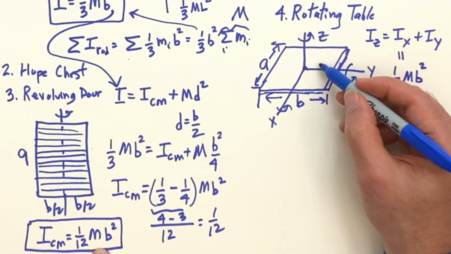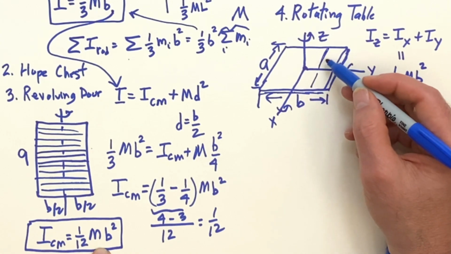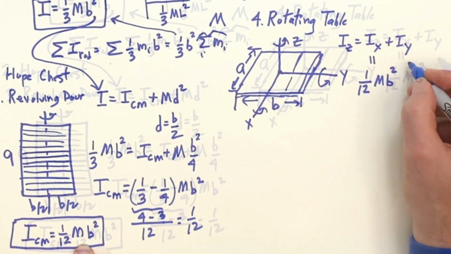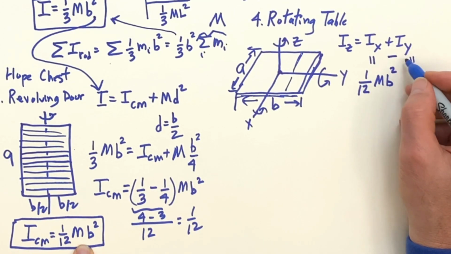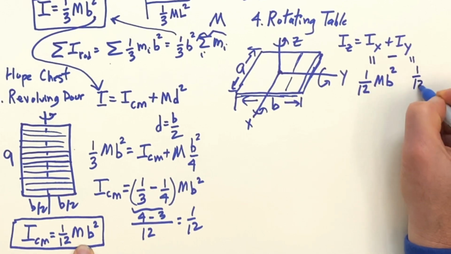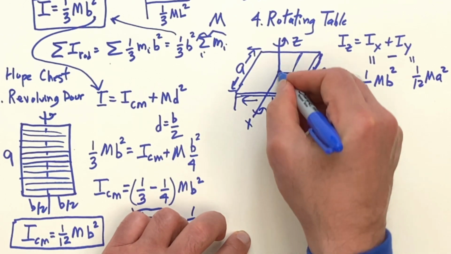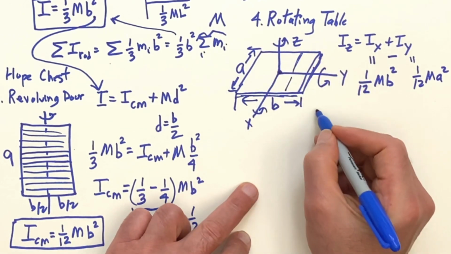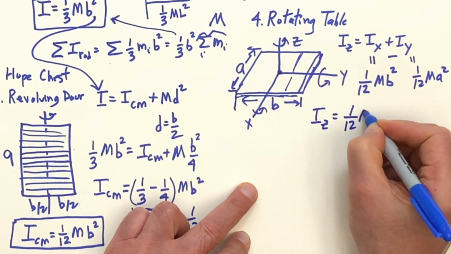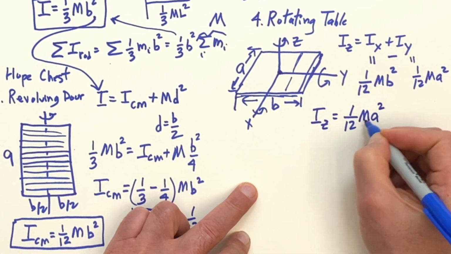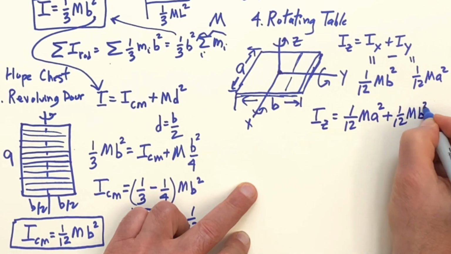Well, if you go around the y-axis, then you have a over 2 and a over 2 on either side. So you have a instead of b. So this one is going to be 1/12 ma squared. So about the z-axis through that center, look at this nice formula, 1/12 ma squared plus 1/12 mb squared.